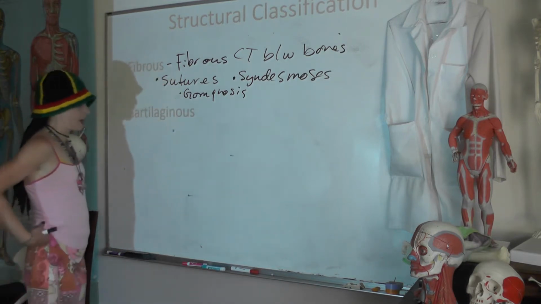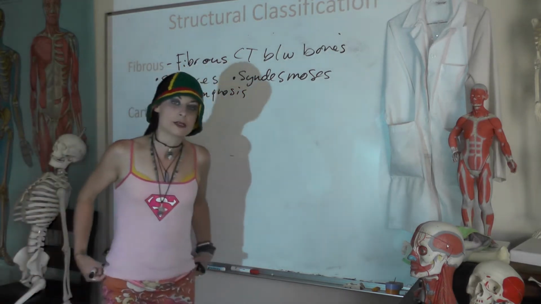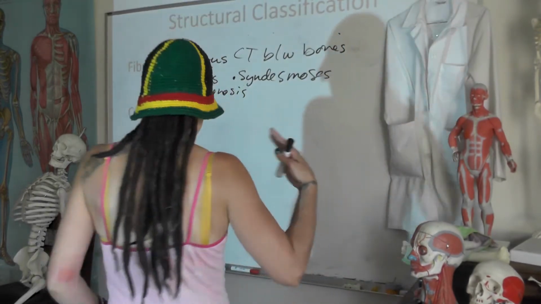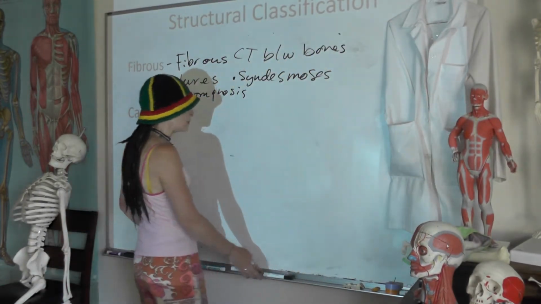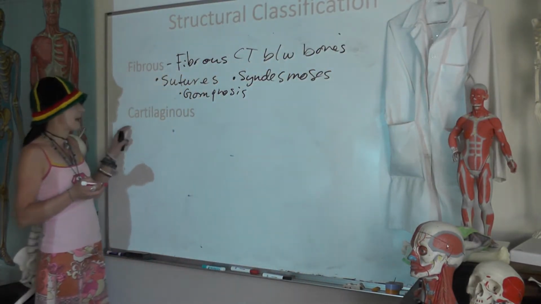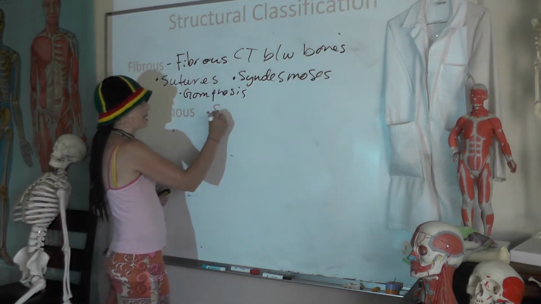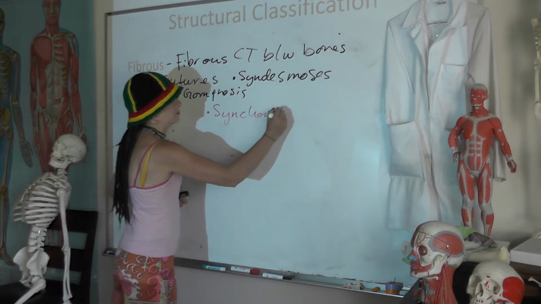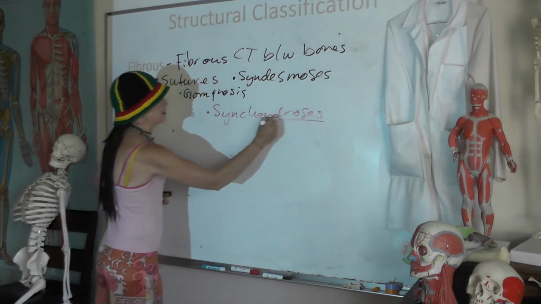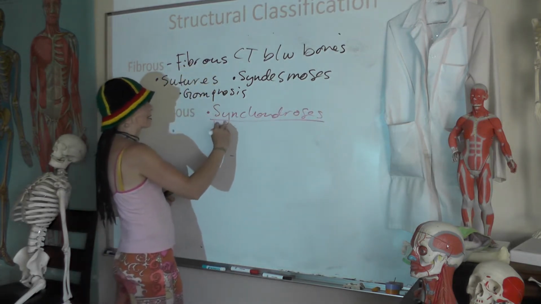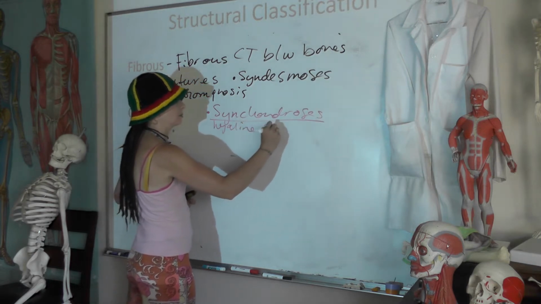Next, we have cartilaginous joints. In cartilaginous joints, you have cartilage between the bones in the joint. The type of cartilage you have is going to determine the type of cartilaginous joint you have. The first ones are called synchondroses, and in synchondroses, we have hyaline cartilage between the bones.